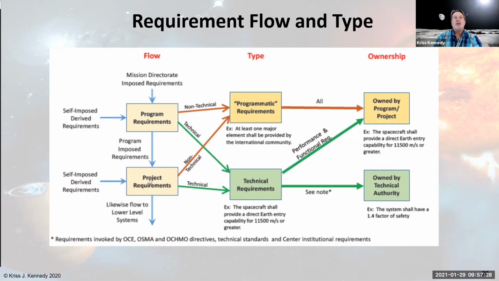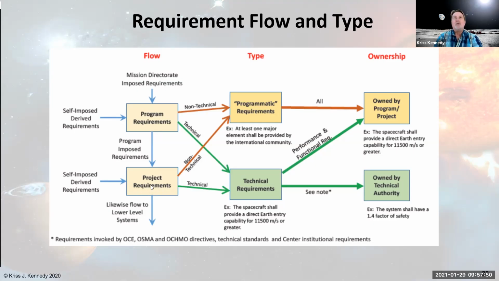And those flow into your project requirements. So that's for the program imposed requirements on the projects. A program could be Artemis, and the project could be the specific lander, or the crew cabin, or even the surface transportation, which is, you know, a rover.